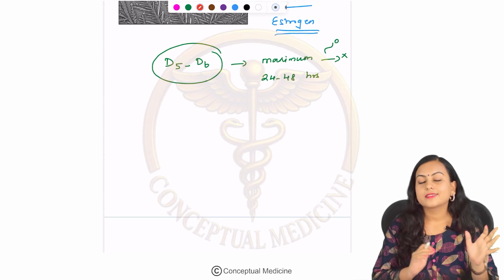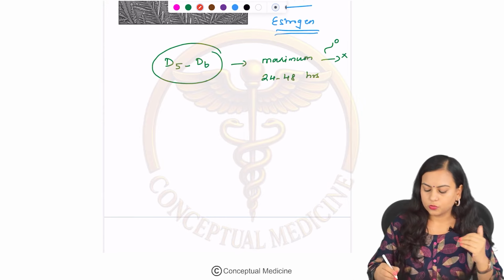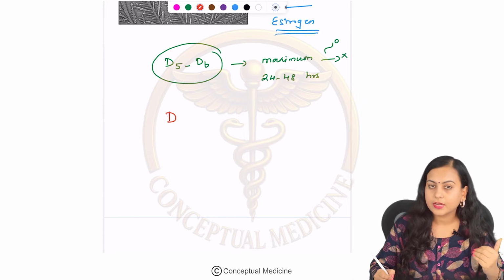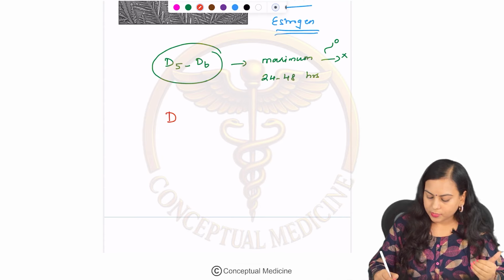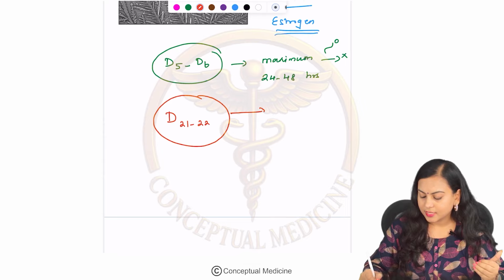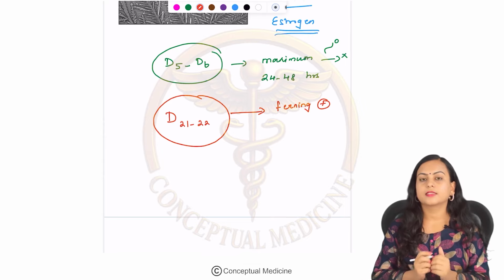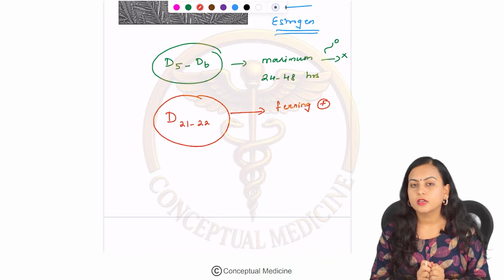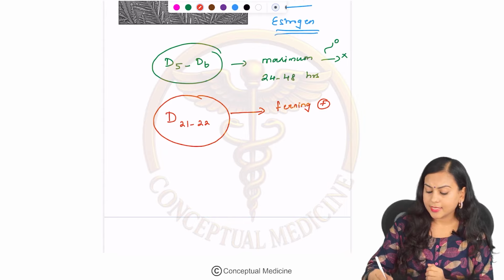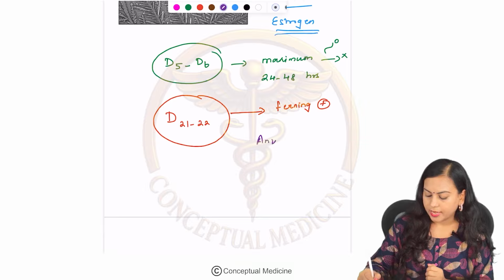Now, if there is a clinical question which tells you that the patient's cervical mucus test was taken on day 21 to 22 and still there is ferning seen on the slide, that means what? Yes, that means the patient has anovulation. She has not ovulated.